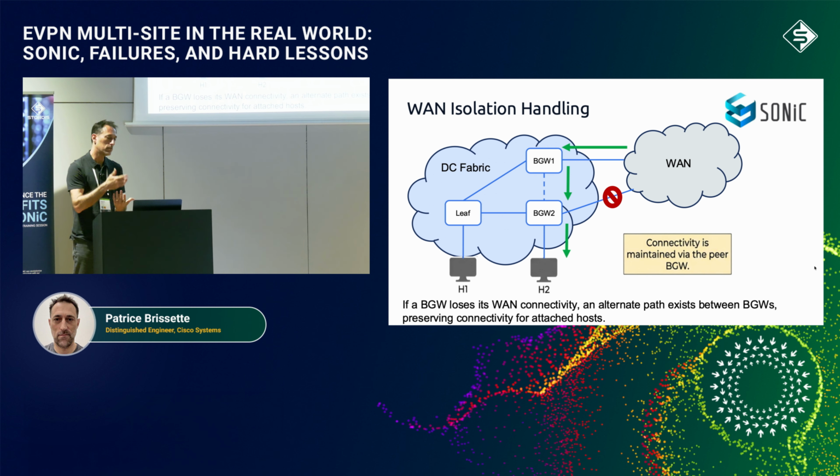I can use my data center side to come back to the border gateway. It's possible, but if you look at all the RFCs that we have in EVPN today, it is not possible. There's no way to do that. So for now, you can either do route leaking, or put a peering connection between the two, and the job will be done for you.